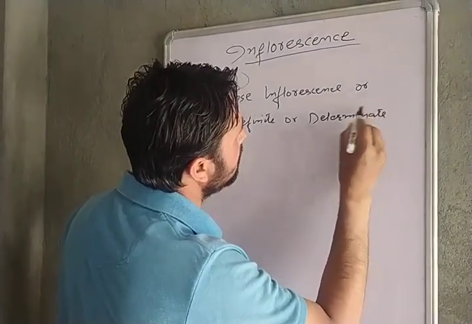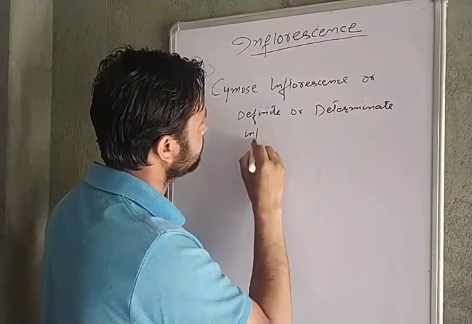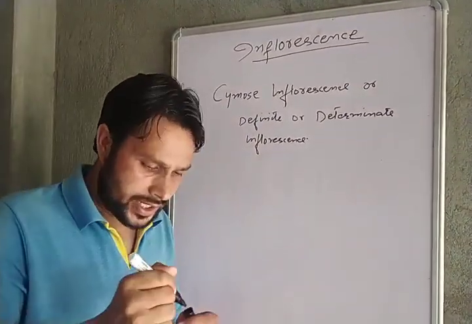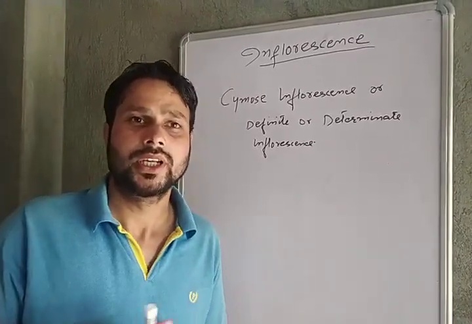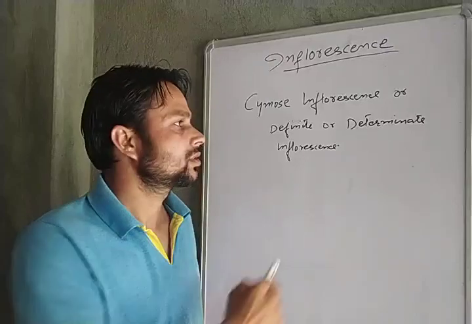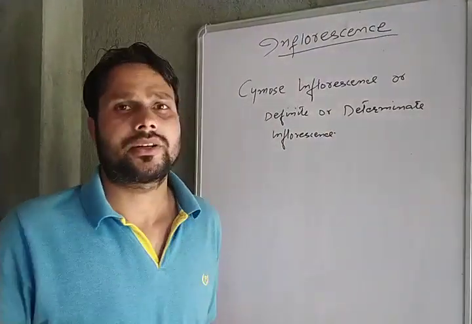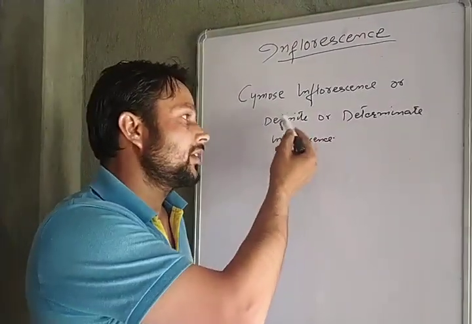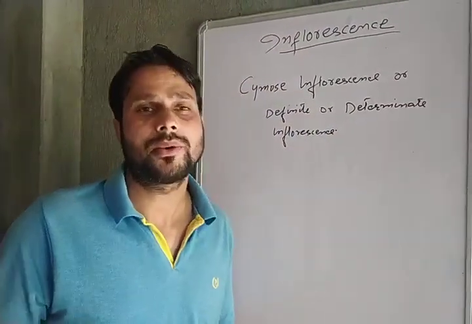Likewise, racemose inflorescence was also called indefinite or indeterminate type of inflorescence, and cymose inflorescence is called a definite or determinate type of inflorescence.